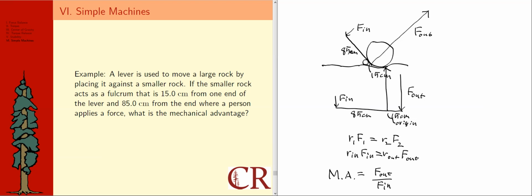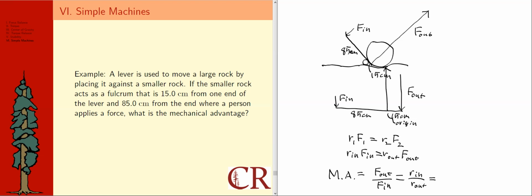With this equation here, I could cross multiply. In other words, I could divide both sides by F in and by R out. Then on the right, I would have F out over F in, and on the left, R in over R out. I'm going to swap the sides and make that the right side, so R in over R out. And this is algebraically equivalent to what I had up there.